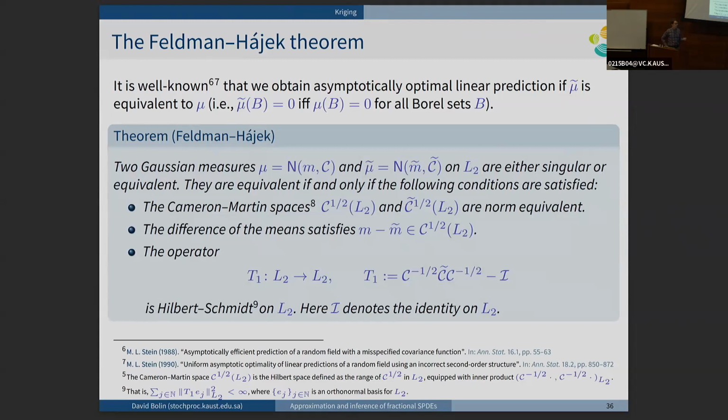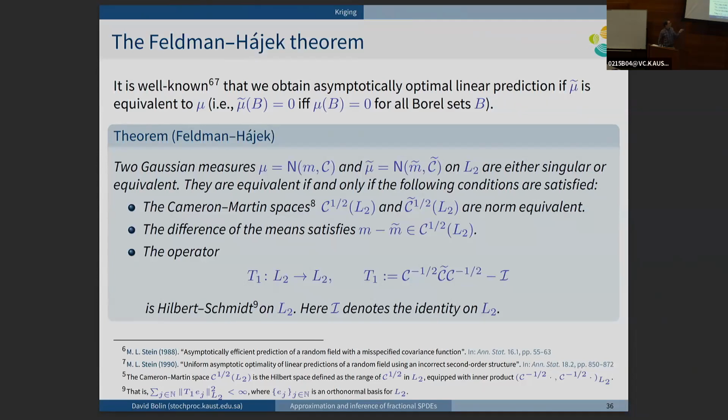That is given by the famous Feldman-Hajek theorem, which gives necessary and sufficient conditions for when two Gaussian measures are equivalent. The Feldman-Hajek theorem says that the Gaussian measures are equivalent if the following three conditions hold. First, the two Cameron-Martin spaces corresponding to the two covariance operators are isomorphic.